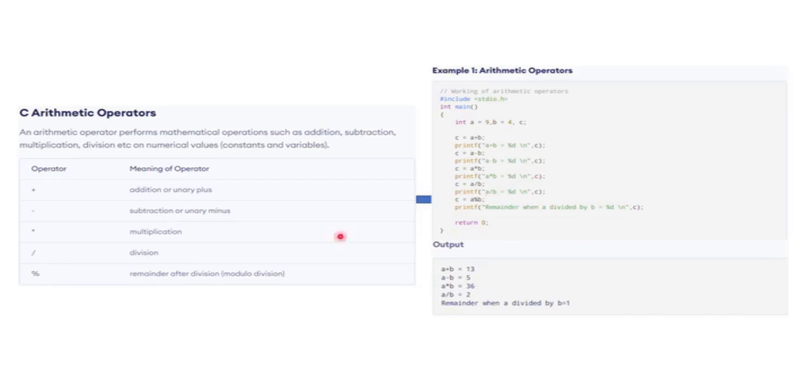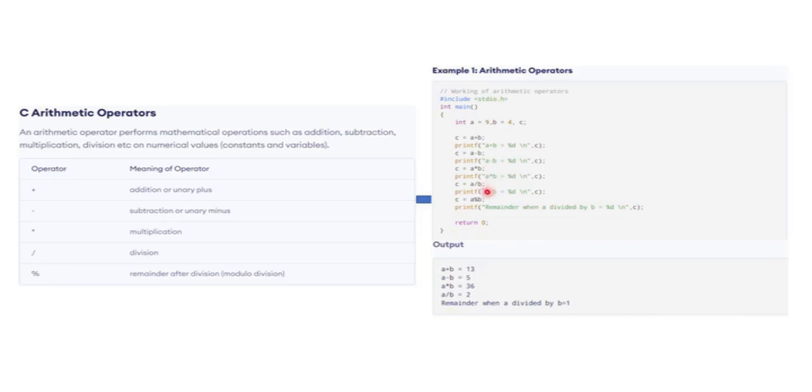You can see an example here. Here a and b are initialized with the values 9 and 4 respectively. When the instruction is given as c equal to a plus b, we get the output as 13. When it's a minus b, it's 5.